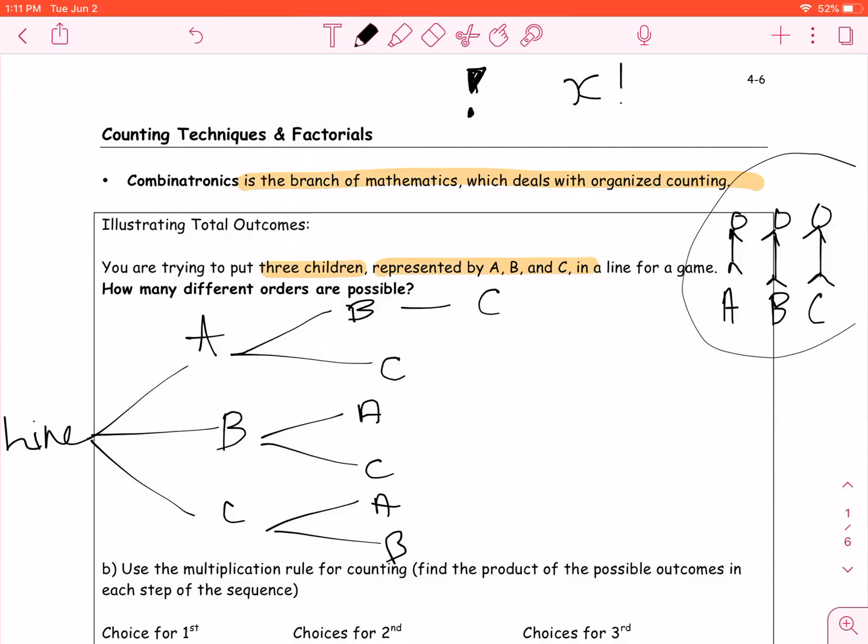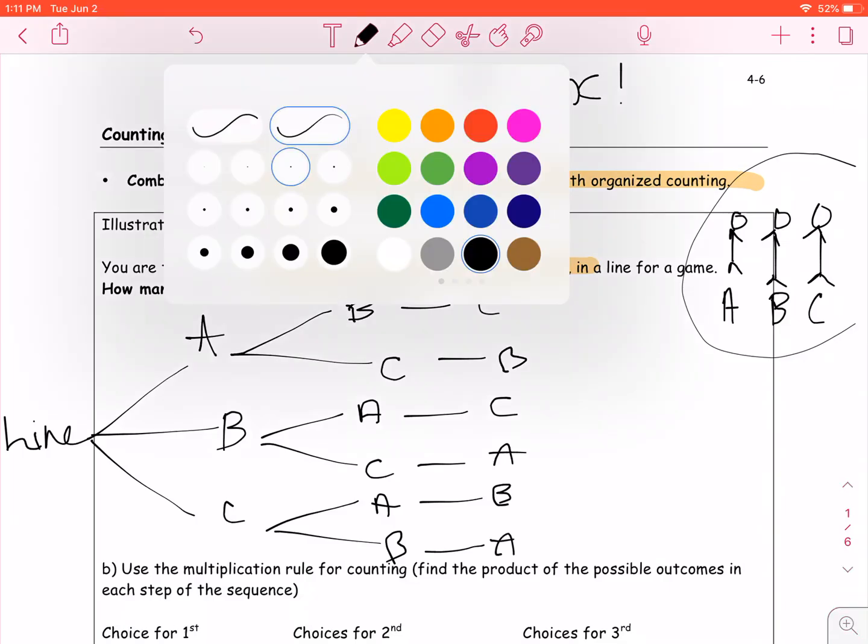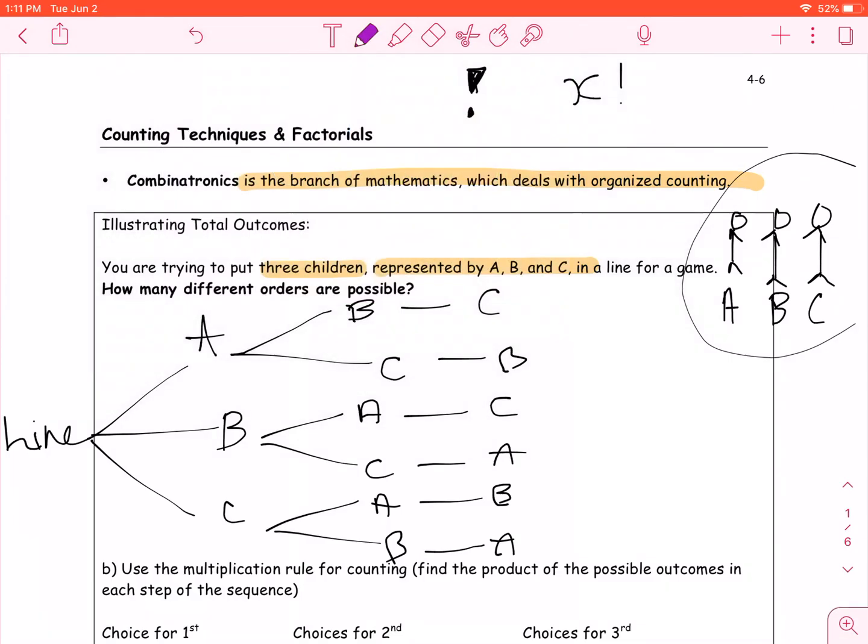Okay, if I do ACB, my last student would be B. I could do BAC, I could do BCA, I could do CAB, or I could do CBA, so if I were going backwards. So if we were to count in total all of our arrangements, well, there's 1, 2, 3, 4, 5, 6 different ways to arrange these three children for a game. Okay, so there's 6 different order possibilities.